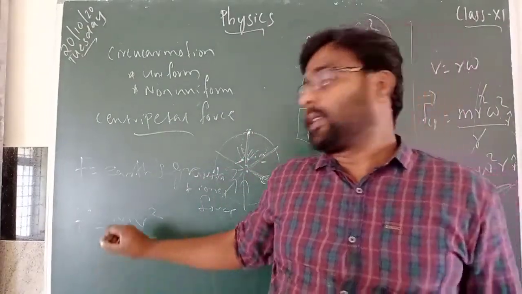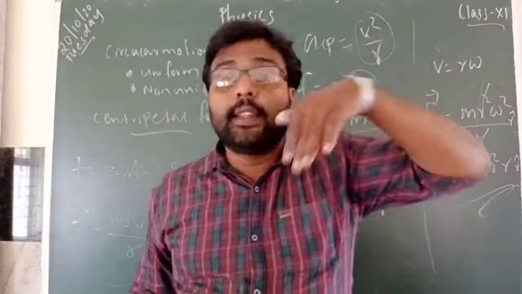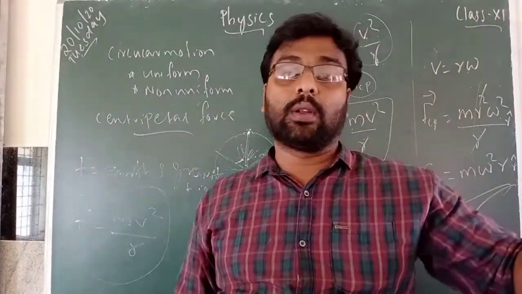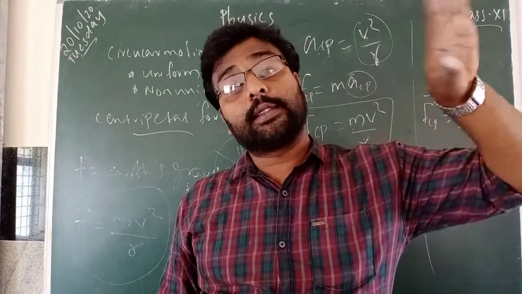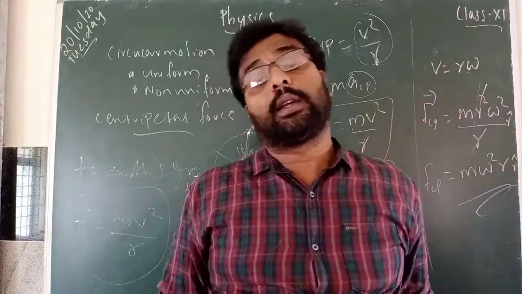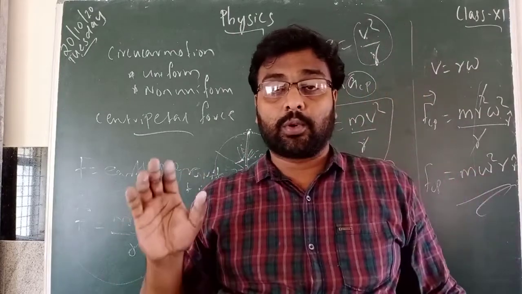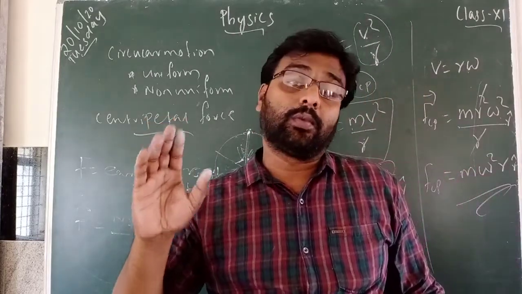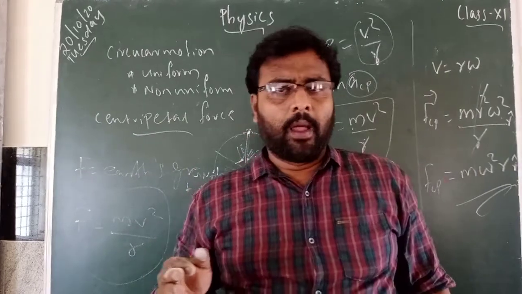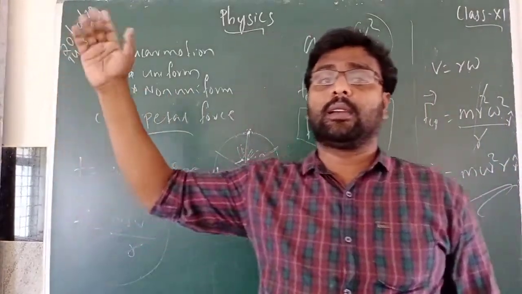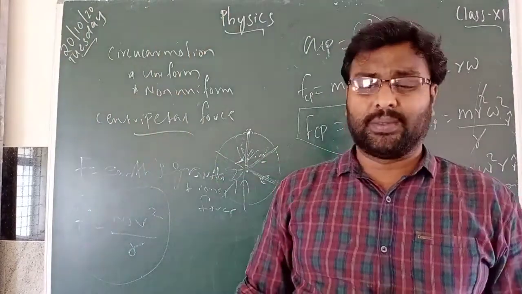So this equation we can use in this case, the satellite which is moving around the earth. Here the centripetal force is provided by the gravitational force of the earth. This is how the satellite can move in circular motion.